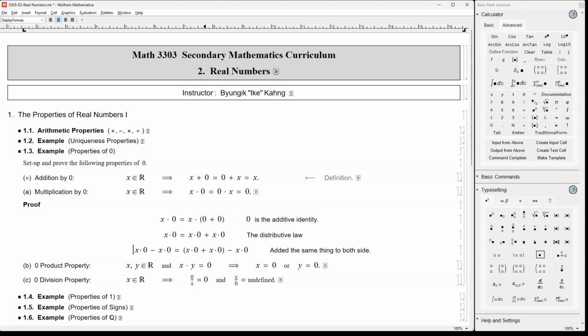Remember that? Okay, all right. Left hand side is clear because I added the additive inverse, so left hand side is 0.